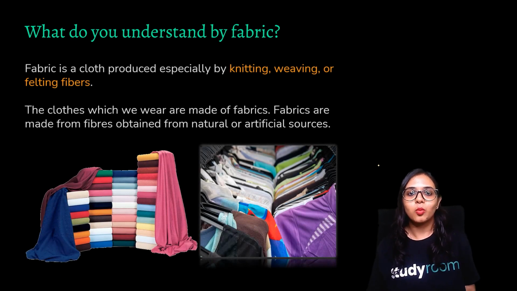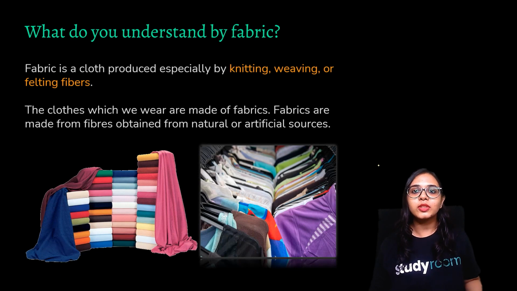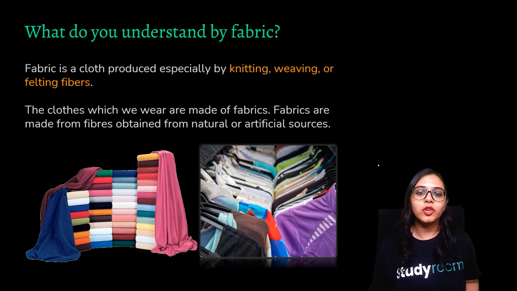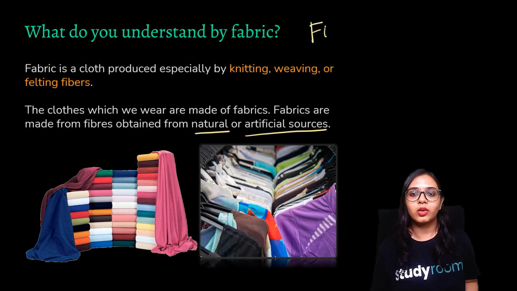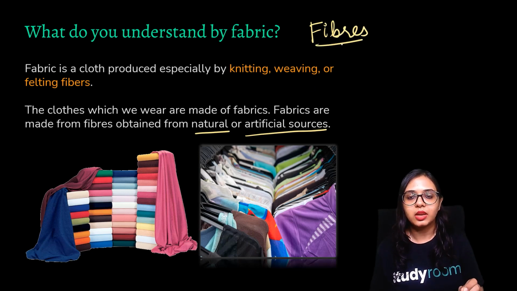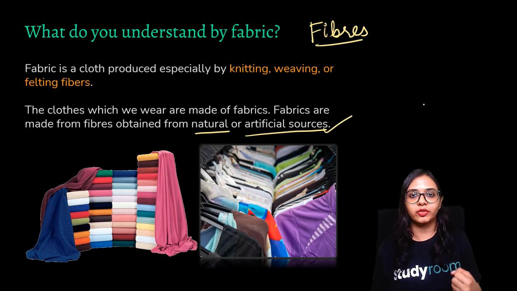Now, fabric. What do you understand by fabric? Fabric is a cloth that is produced specially by knitting, weaving, or felting fibers. So, either from natural sources or from artificial sources, we get fibers. Fibers are those small thread-like filaments that we get mostly from plants, or we make from artificial sources.